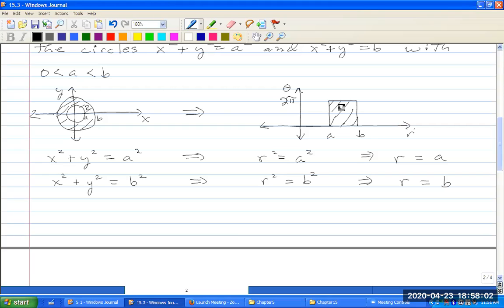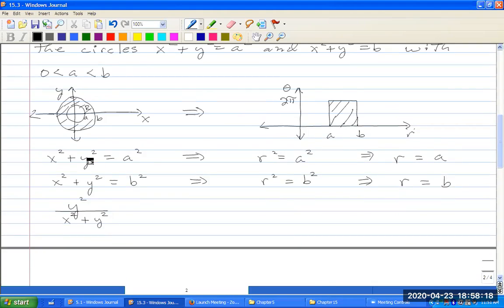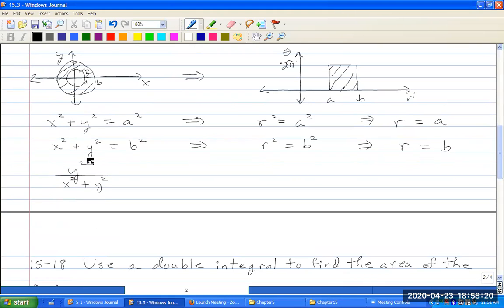Similarly, the function that we're integrating, y squared over x squared plus y squared, will become a little bit easier when I switch over to polar coordinates. Well, let's see.